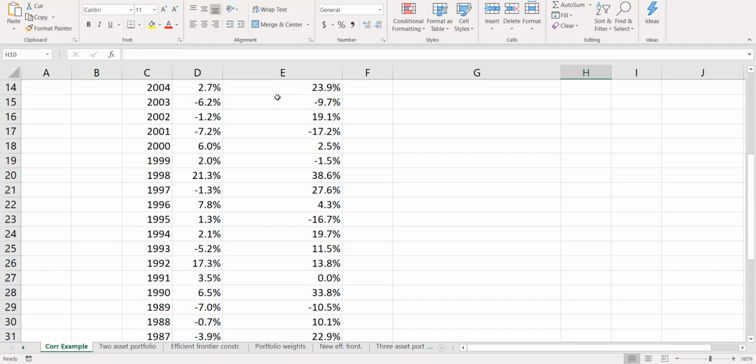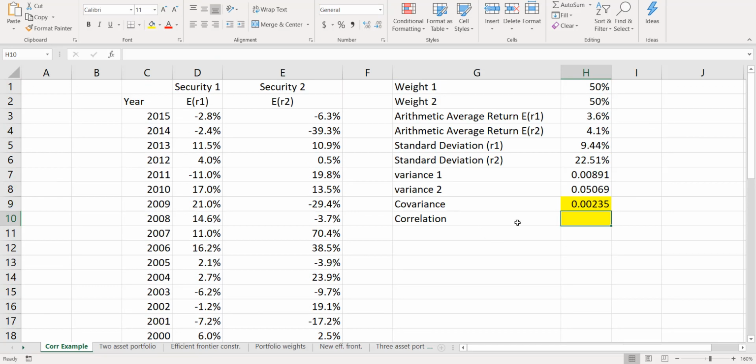Close our parentheses, hit enter, and our covariance between security 1 and security 2 is 0.00235. Now, our correlation coefficient is simply calculated using the CORREL function. So equals CORREL.